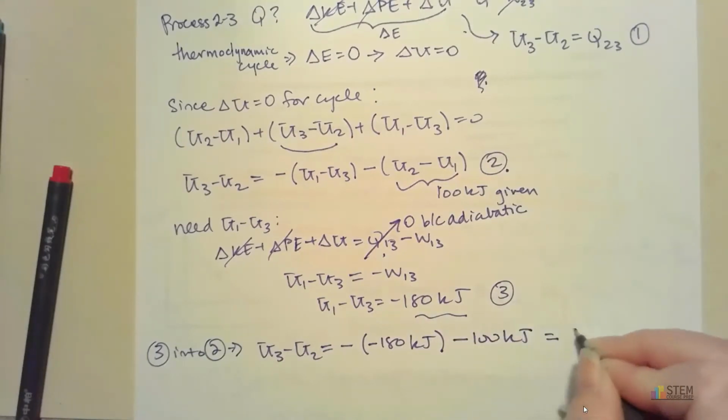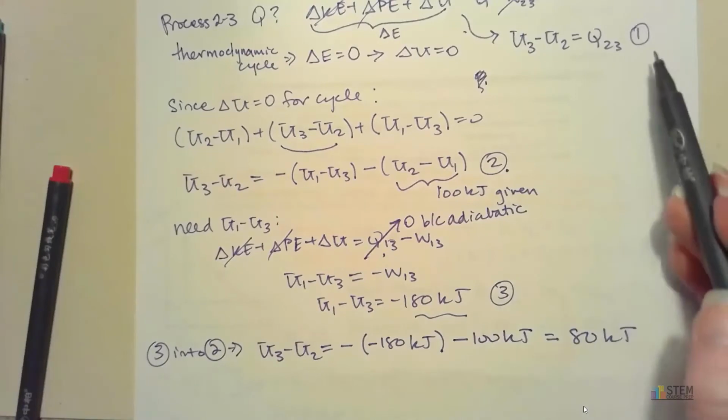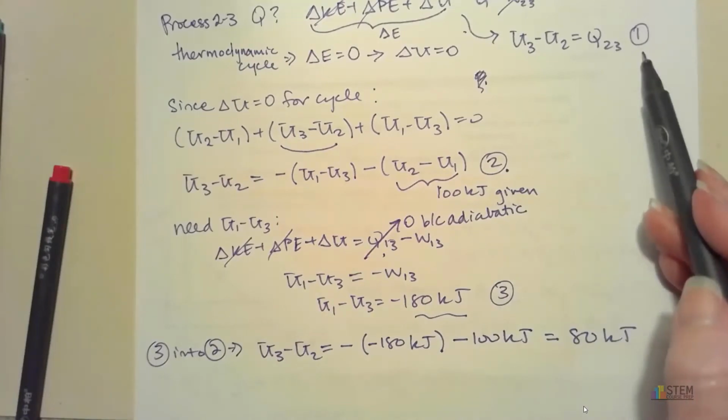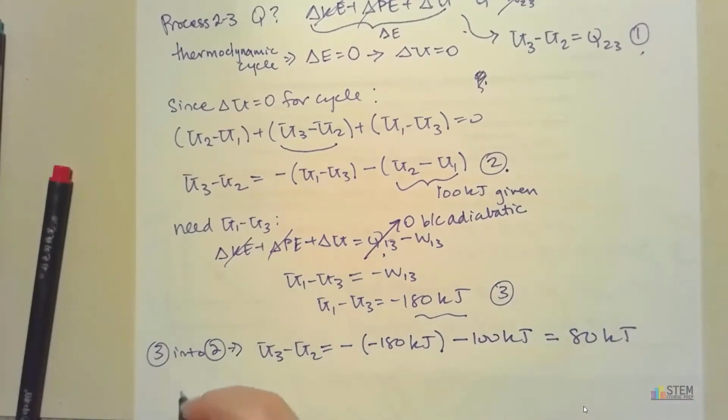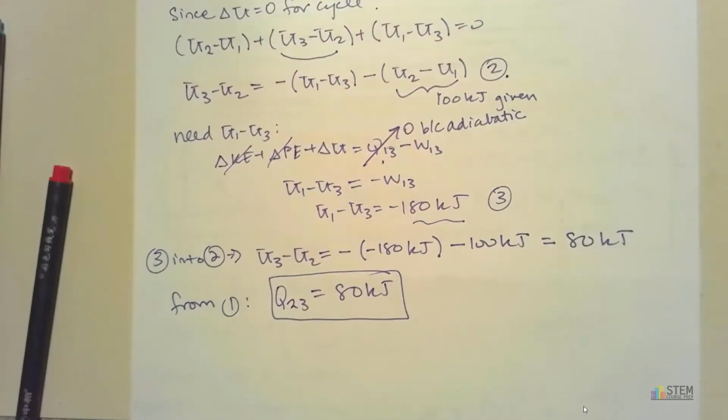That gives us negative 280 kilojoules. Now, we already know from equation 1, the equation I forgot about earlier, that heat transfer is the difference between U3 and U2. So from 1, we're going to say Q23 is equal to 80 kilojoules. So perfect, now we've got our heat transfer.